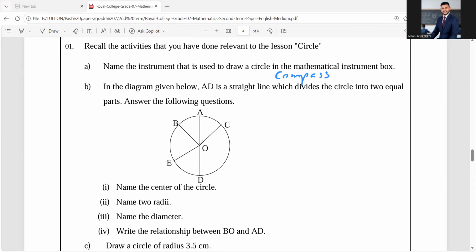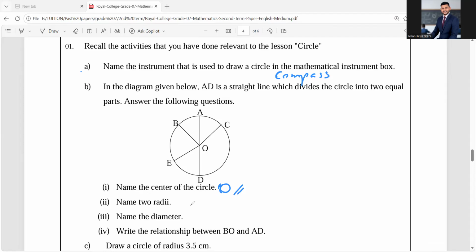Answer the following questions. When it is said AD is a line which divides the circle into 2 equal parts, then you must know that AD is the diameter, and O must be the center. So the center of the circle is O.